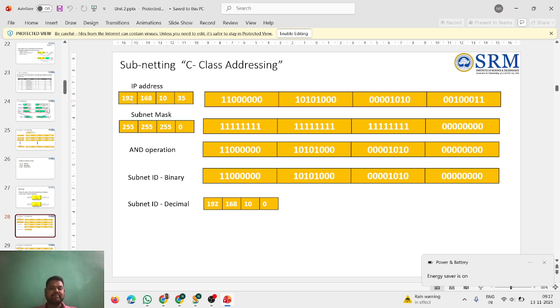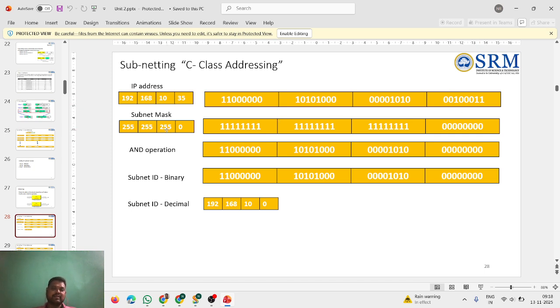So this is the given IP address, 192.168.10.35, which will be converted to binary notation, right? So the binary notation is 11000000, and this is the binary notation for 168, this is the binary notation for 10, and this is the binary notation for 35, right?